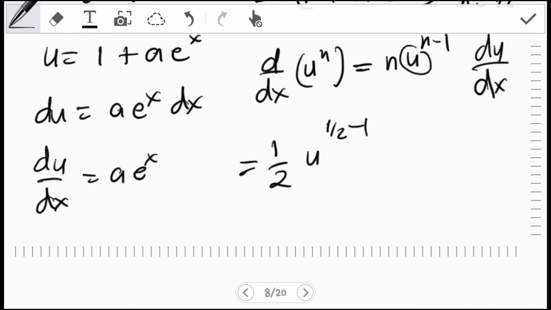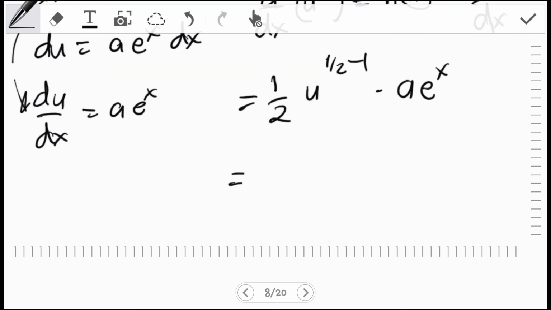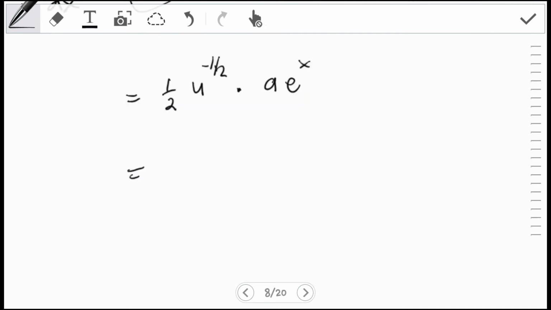So the derivative of u, or the equivalent of u, is 1 plus e to the third x. Then du over dx is equals to e to the third x. Okay, so is equals to 1/2 du. So 1/2 minus 1, that is negative 1/2. So e to the third x, but the equivalent of u.